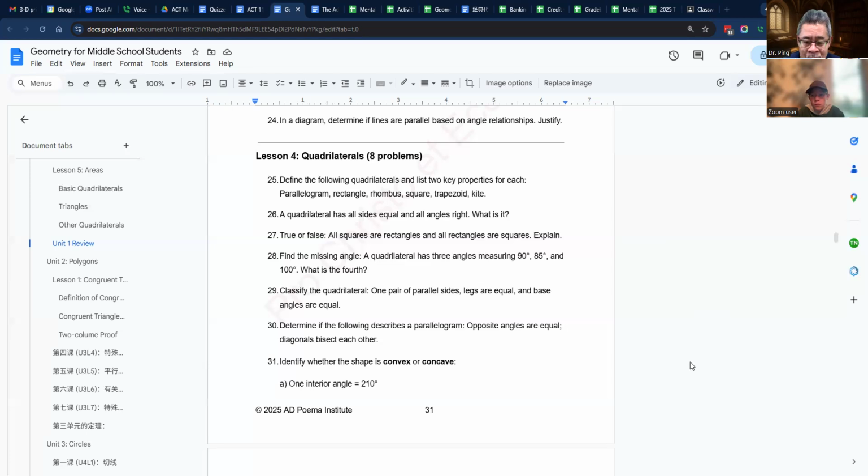A quadrilateral has all sides equal and all angles right. What is it?